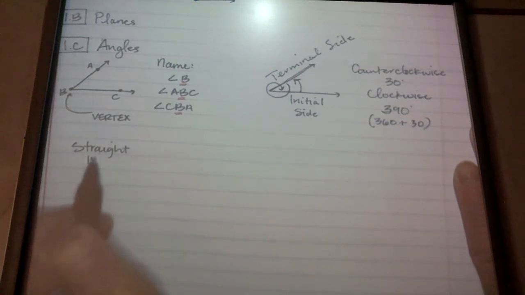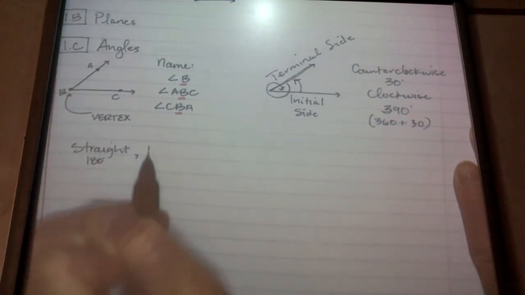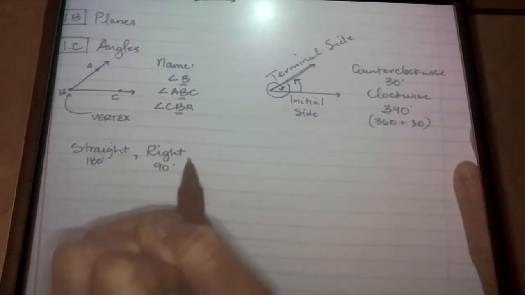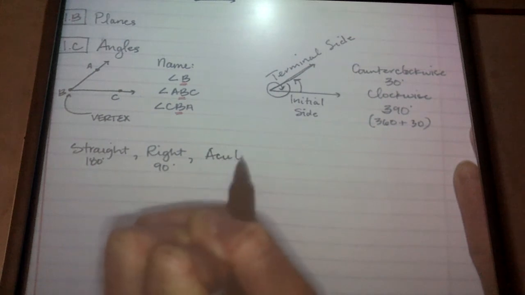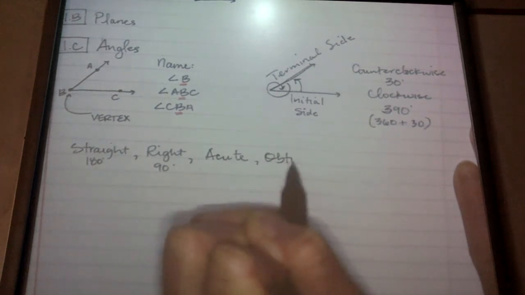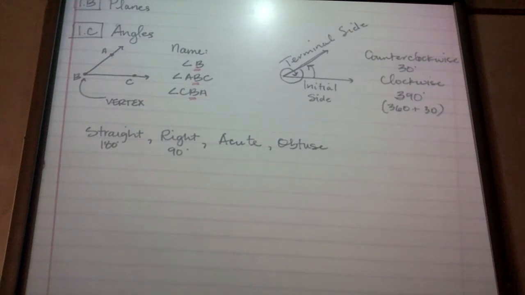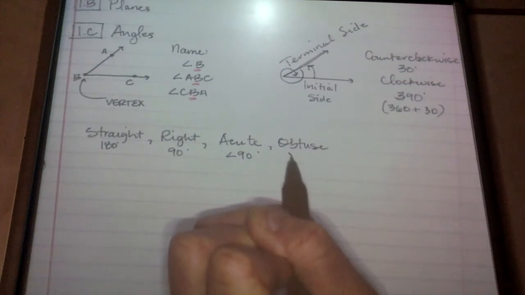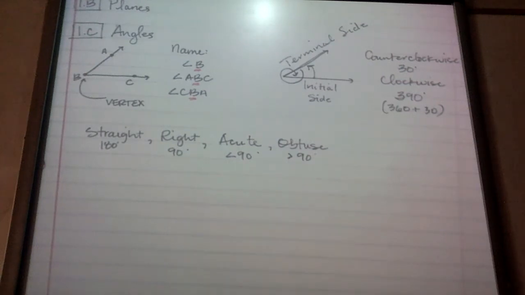That's 180 degrees. What is a right angle? If you don't know that, I hurt you. Just kidding. But that's 90 degrees. What's an acute angle? Obtuse. It goes over a lot of vocabulary in this section. Acute, remember, is less than 90. Obtuse is greater than 90, and so forth.